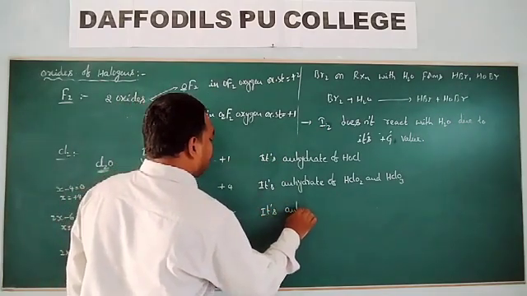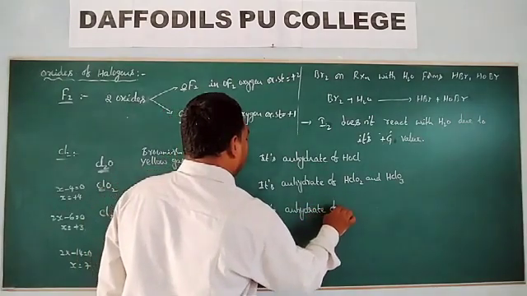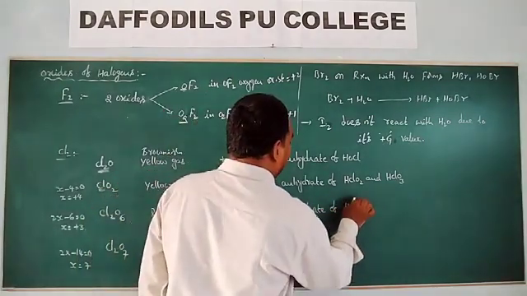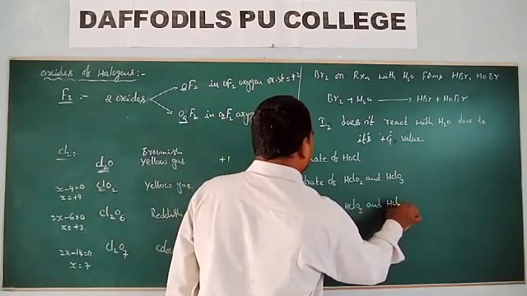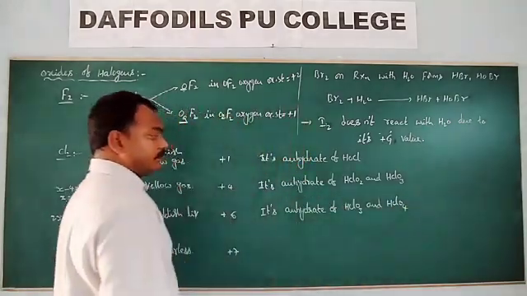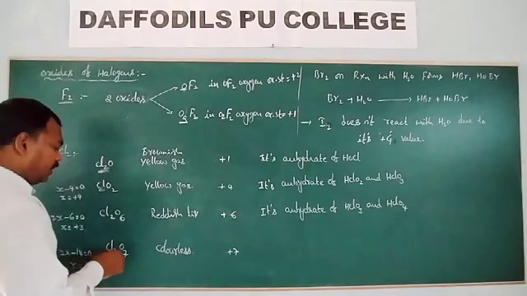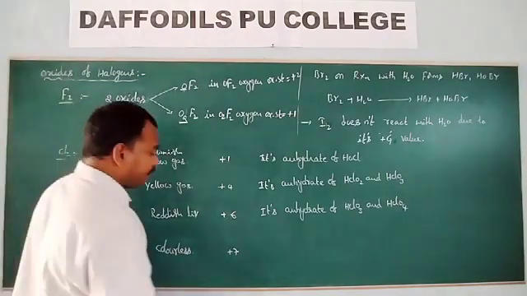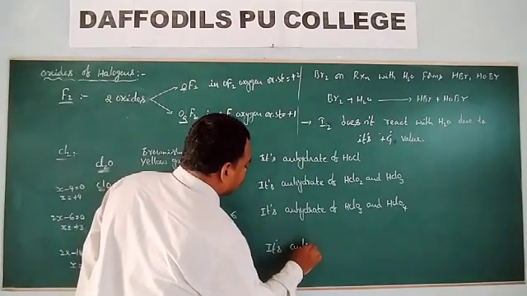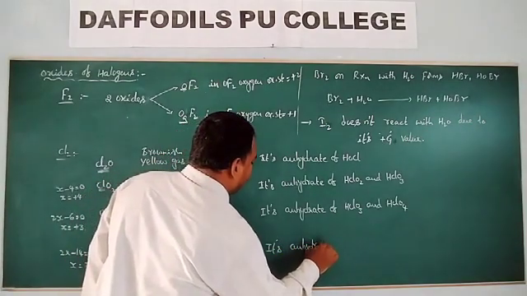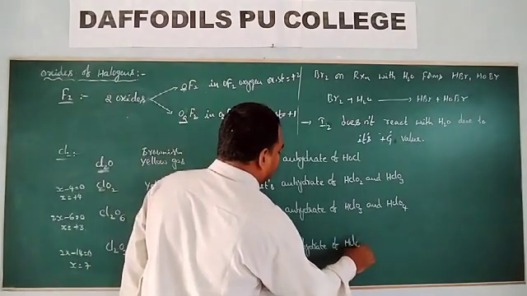It is an anhydride of HClO3 and HClO4. Next, this one Cl2O7, chlorine heptoxide. It is an anhydride of HClO4.